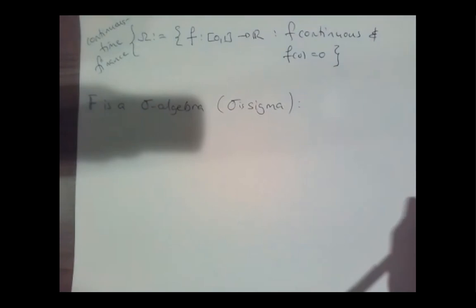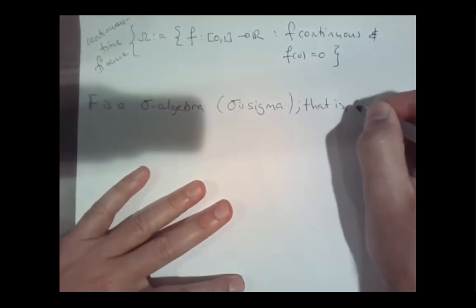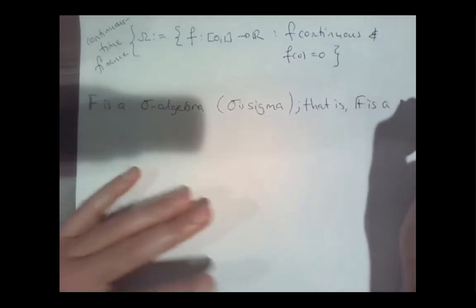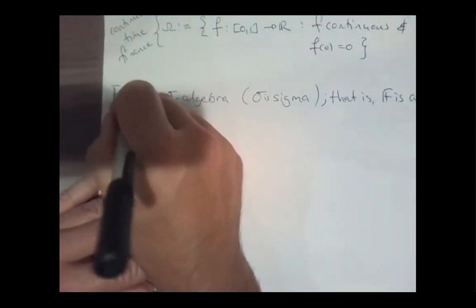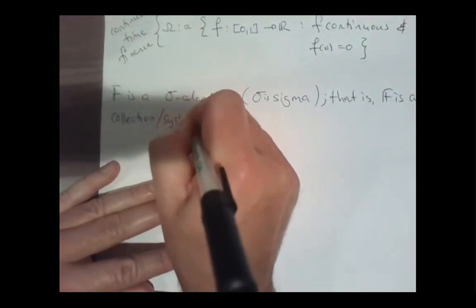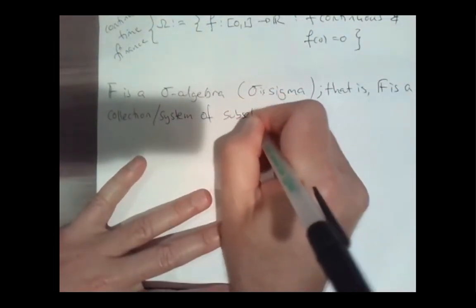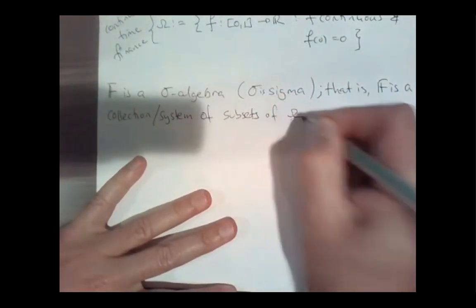What is that? I'm working under the assumption that this is a new concept to most of you. F is a system of subsets of omega.